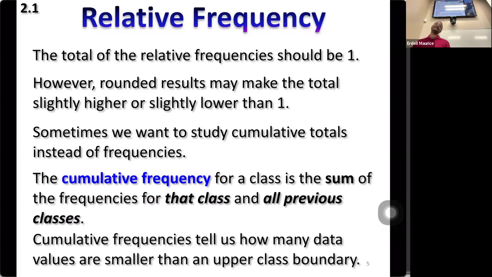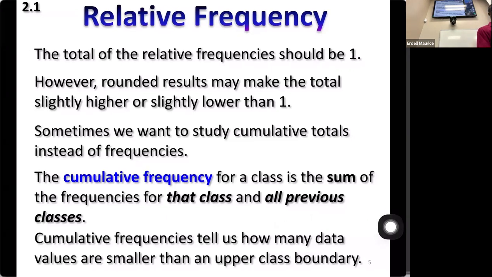A cumulative frequency is as you move from class to class, you just add up the frequencies as you go. So your cumulative frequency is the sum of the frequencies for that class and all previous classes. Again, I'll show that to you in a second, but literally it just means we're adding frequencies as we go.